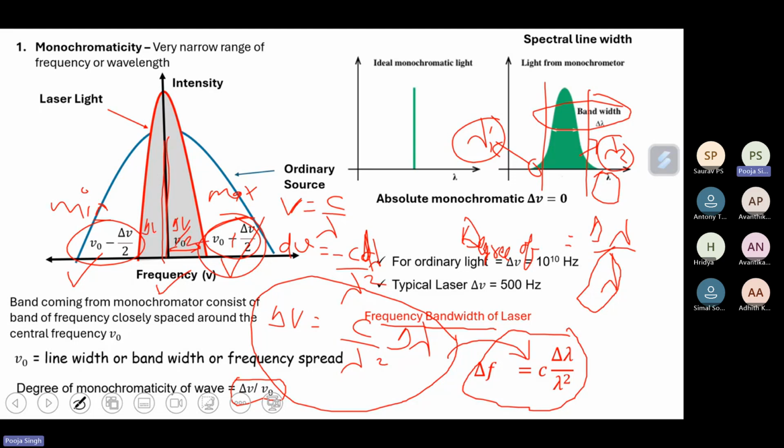This is delta nu by 2. This much and this much. So if you are talking about total, how much is the range of the frequency from maximum to minimum. So delta nu is basically nu maximum, the value of frequency at this point, minus nu minimum, the value at this point. This is the delta nu. That's why we are saying the range of the frequency basically. Okay, thank you.